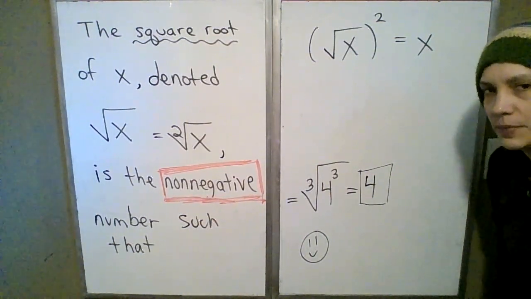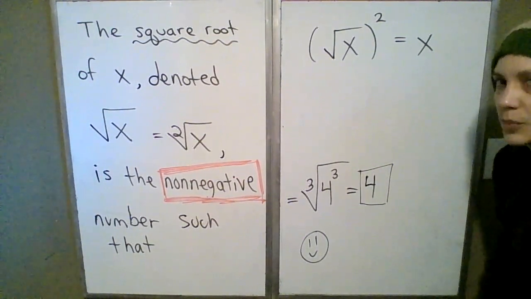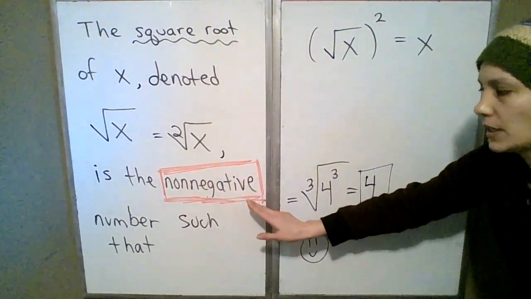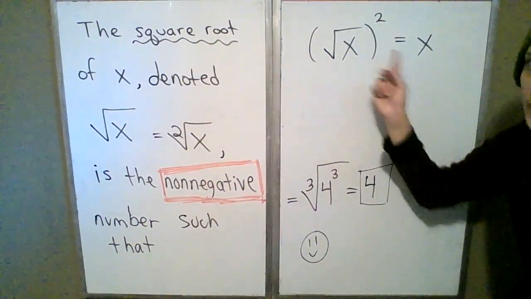I think I might be missing a little piece here, but let's just start to practice. I think it should maybe say the non-negative number x such that root x squared equals x.